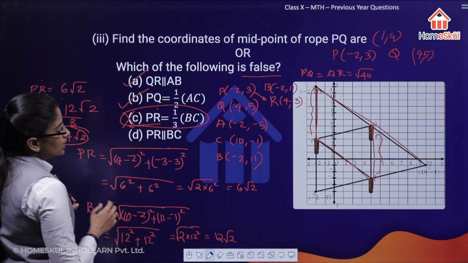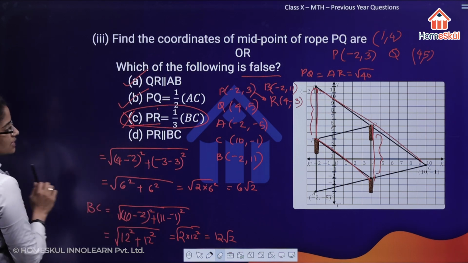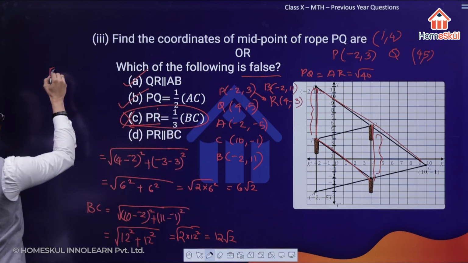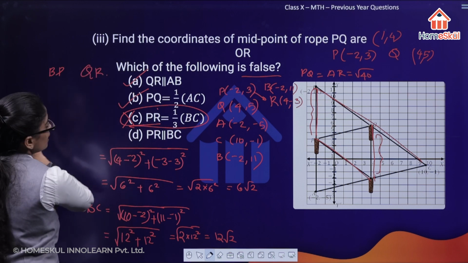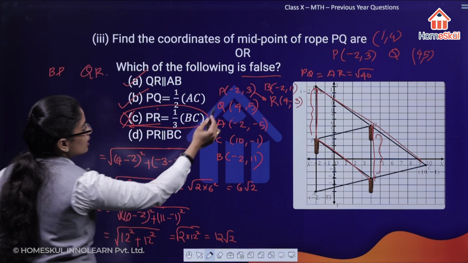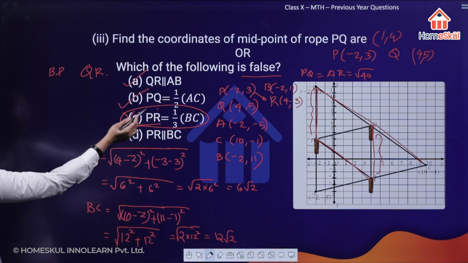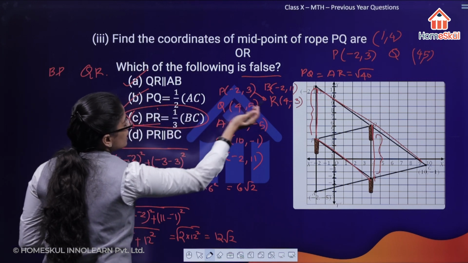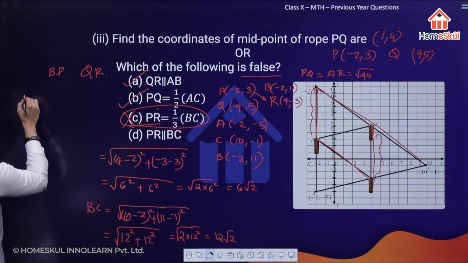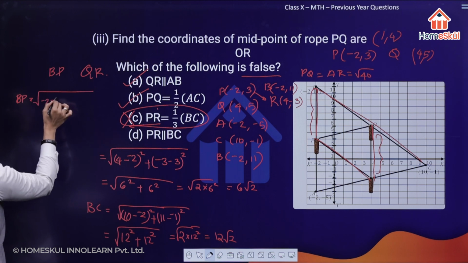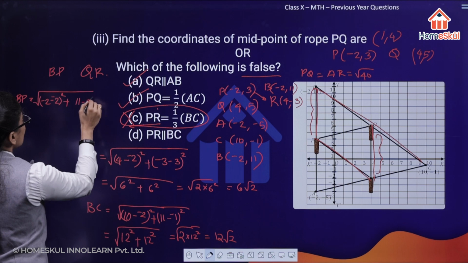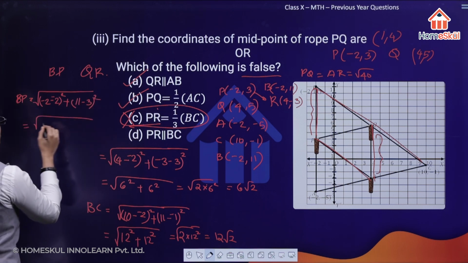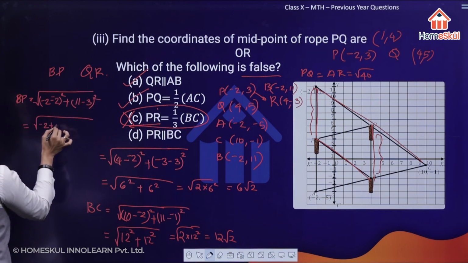The distance between BP and the distance between QR. Distance BP is x2 minus x1, so it is minus 2, 11 and minus 2, 3. BP is equal to minus 2 minus of minus 2 the whole square plus 11 minus 3 the whole square, which will be equal to minus 2 plus 2 the whole square.